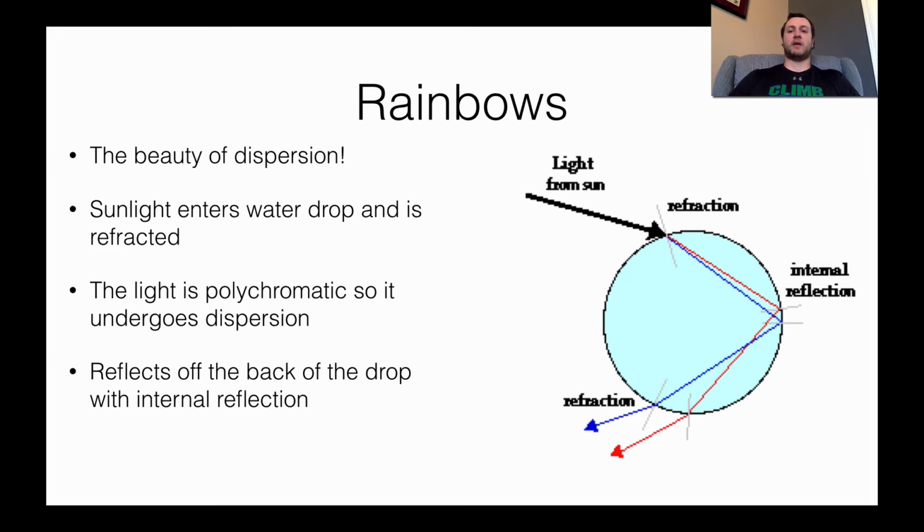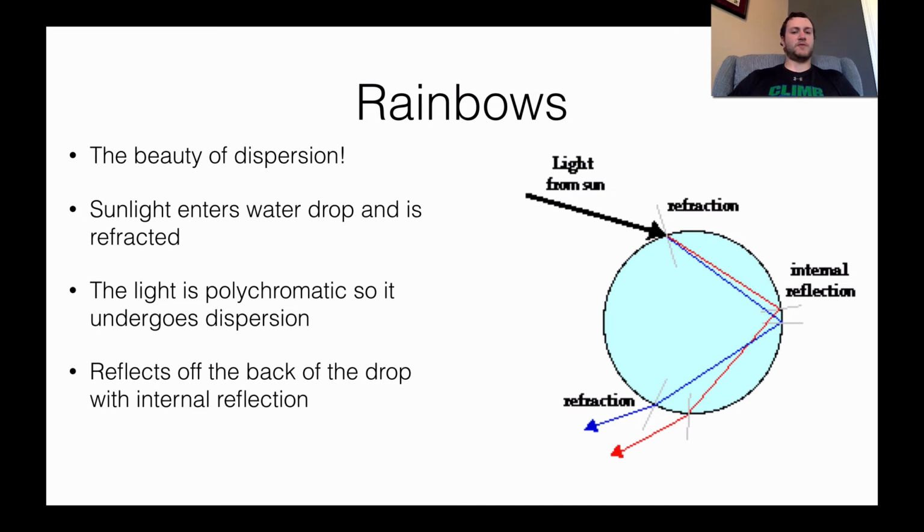When it gets to the back of the droplet, because it's trying to go from water to air, the light would speed up as it does so, but the way that the light hits the back of the raindrop is greater than that critical angle, so we see total internal reflection. The light reflects back towards the front of the raindrop, where now it's able to hit that droplet in the front at an angle where it can escape, so we see that light bend and it refracts again. So we get two refractions and an internal reflection in the middle here.